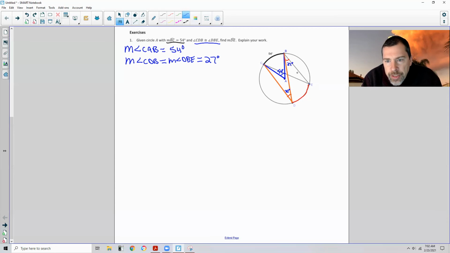This is also 27 because it shares that 54. This is also 27 degrees, so that is an isosceles triangle. All right, but this 27 is half this intercepted arc, so 27 times 2 is 54 degrees. So there's the measure. So then here we would say the measure of arc DE equals 54 degrees.